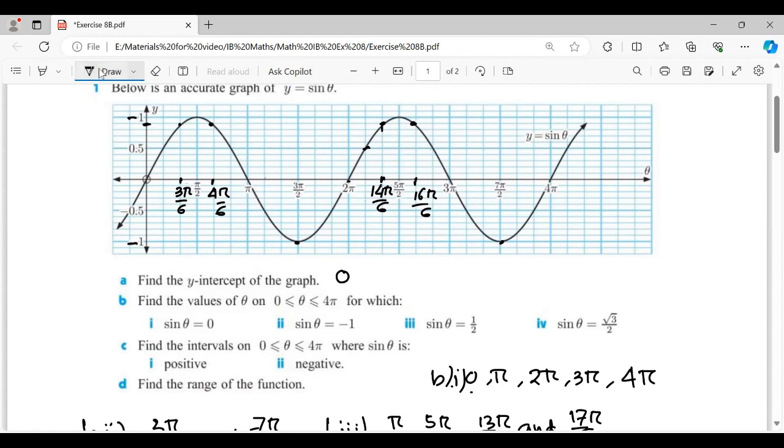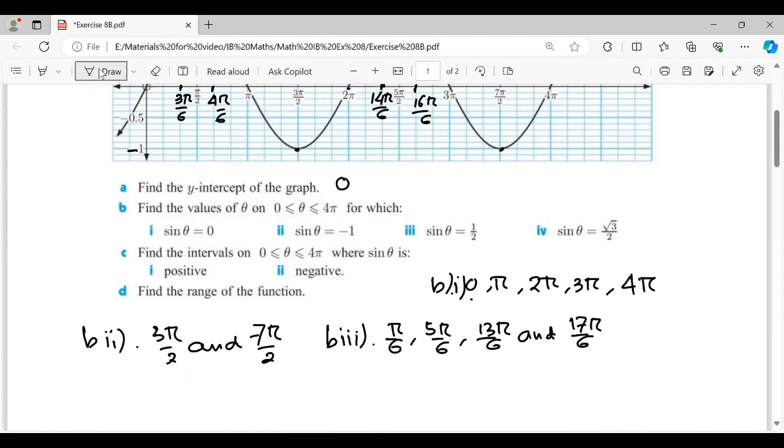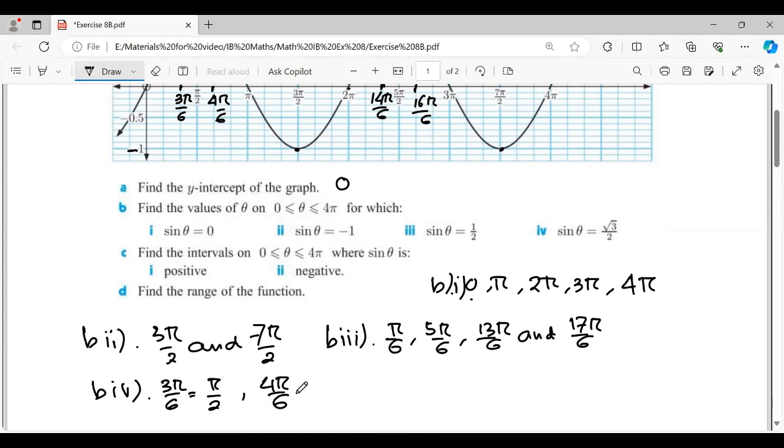So: 3 pi over 6, or pi over 2; 4 pi over 6, or 2 pi over 3; 14 pi over 6, or 7 pi over 3; and 16 pi over 6, or 8 pi over 3. Next.